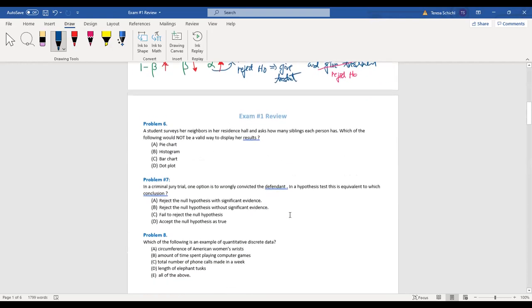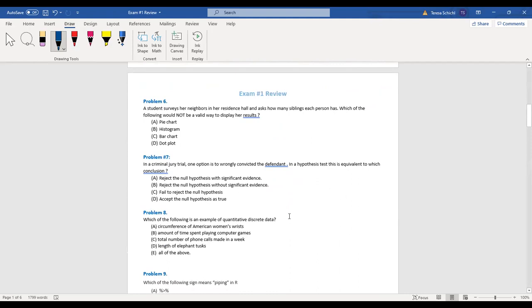See here. Okay, number 6. We said a student surveys her neighbors in the residence hall and asks how many siblings each person has. Which of the following will not be a valid way to display the result?